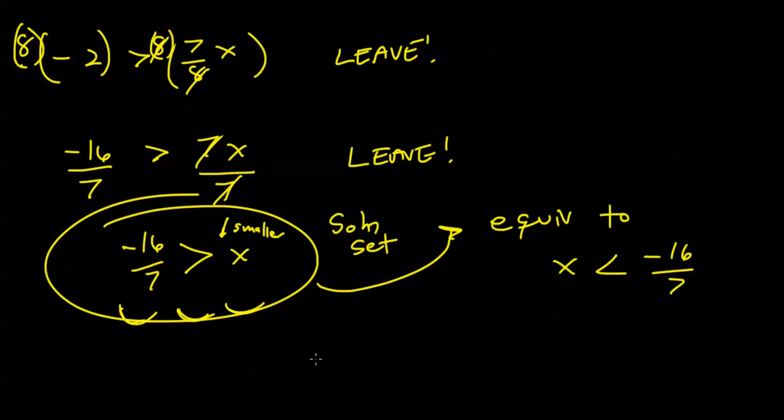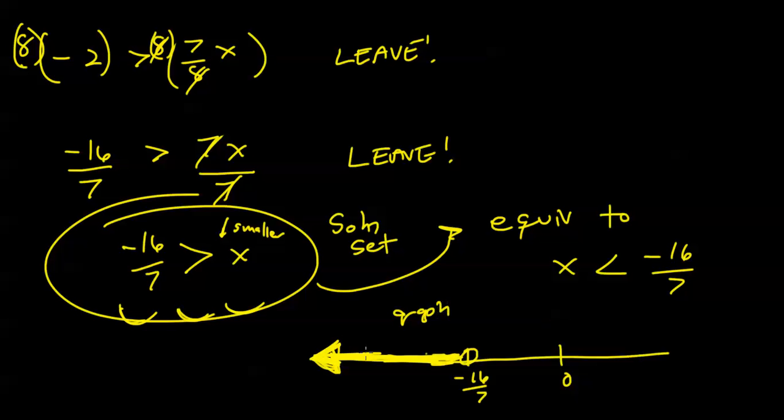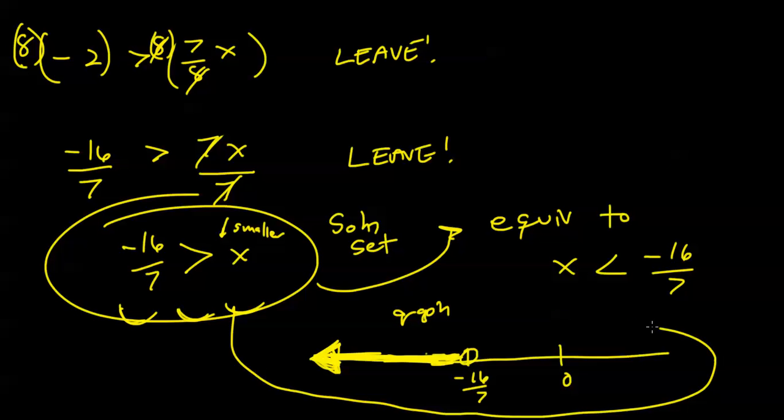Alright, so less than minus 16/7, well, minus 16/7 is of course negative, so it's going to be left of 0. And less than minus 16/7 means left of minus 16/7. I'll draw an open circle at minus 16/7 and shade in everything to the left. And there is the graph of my solution set. X less than minus 16/7.